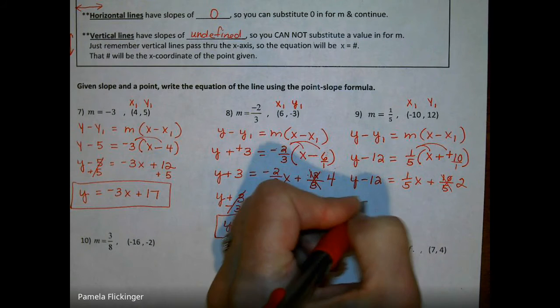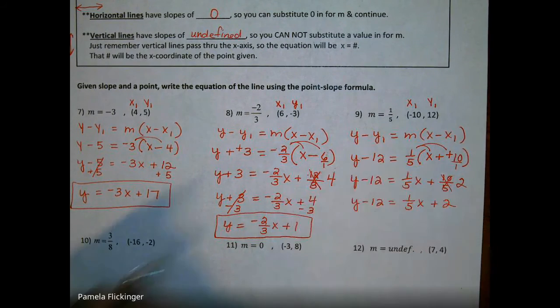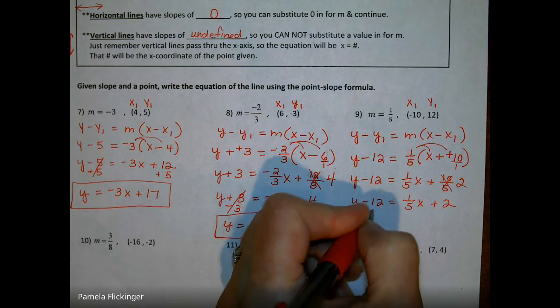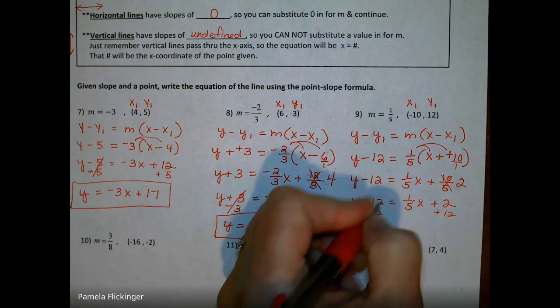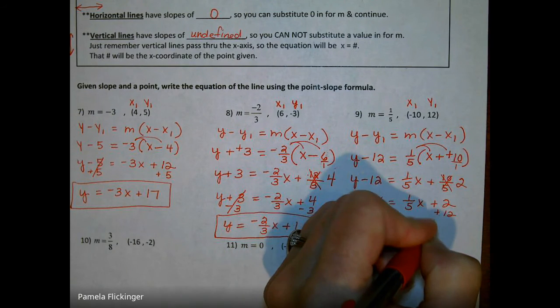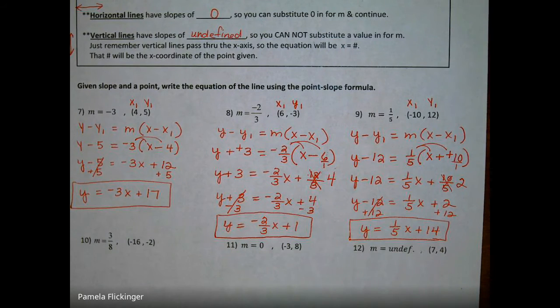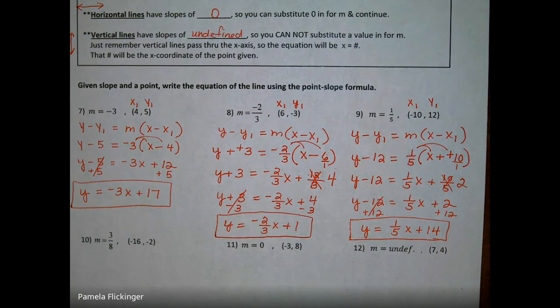So I've got y minus 12 equals 1/5 x plus 2. And then I'll add 12 to both sides. So y equals 1/5 x plus 14 is my final answer. Okay.